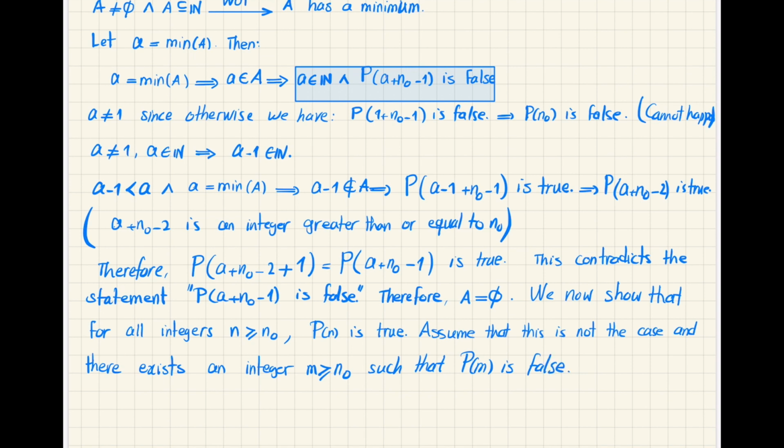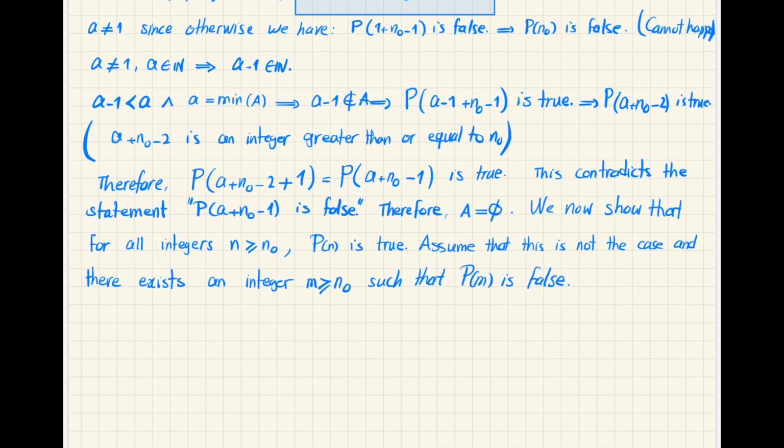Okay? Now p of m can be written in this form as well. Instead of m, I write m minus n node plus 1 and then plus n node minus 1.